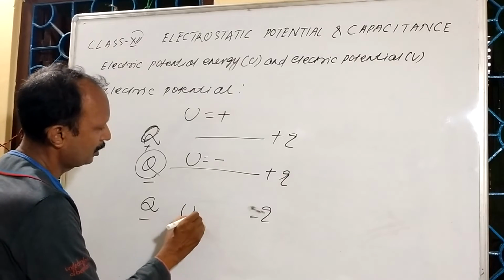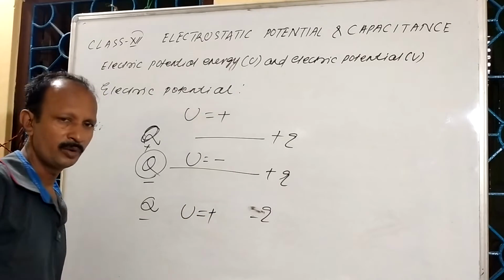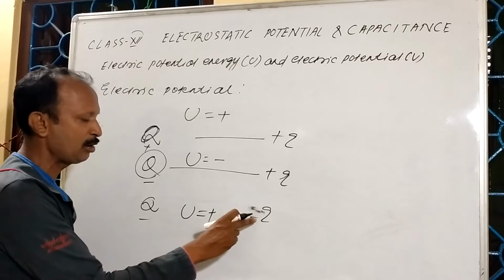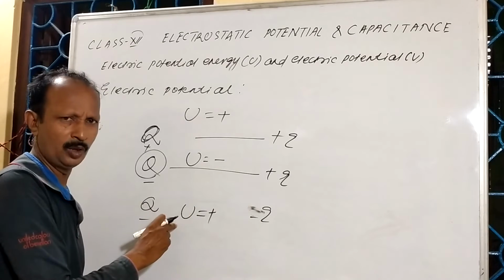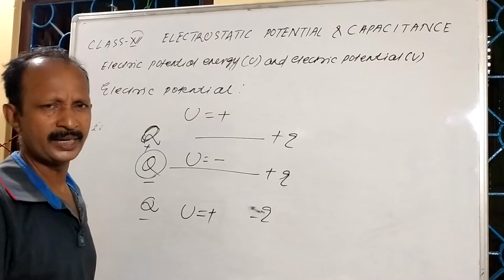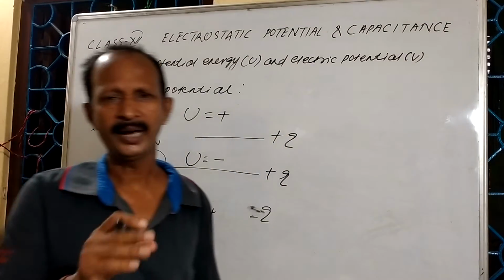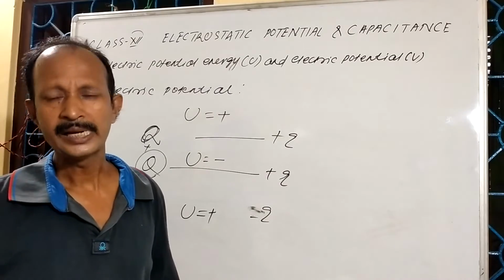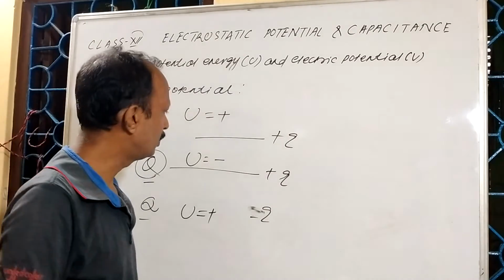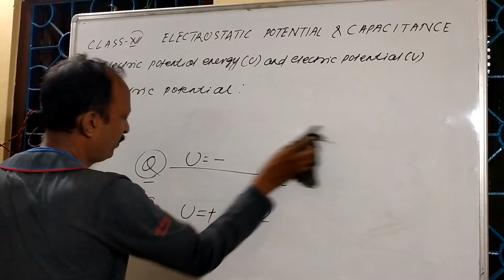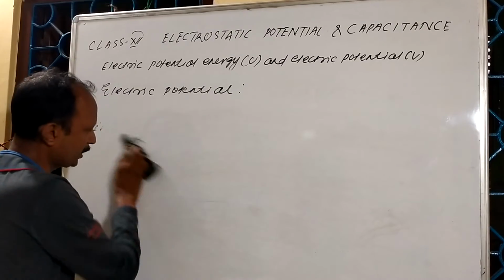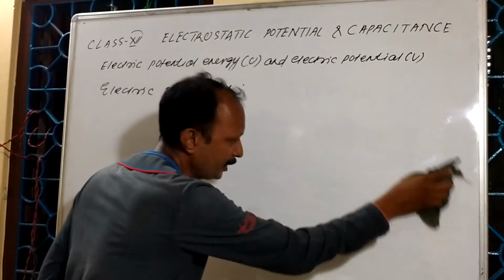The work done or the potential will be positive because there will be repulsion. So I have to do the work, done by the external agent, that is positive, and work done by the system, that is negative.